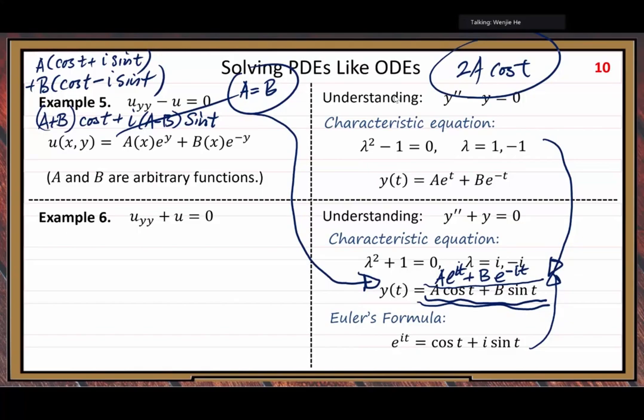Next round, can I assume A equals negative B? When I assume A equals negative B, the first cosine term is gone, but I have the second part: negative 2i B sine t.